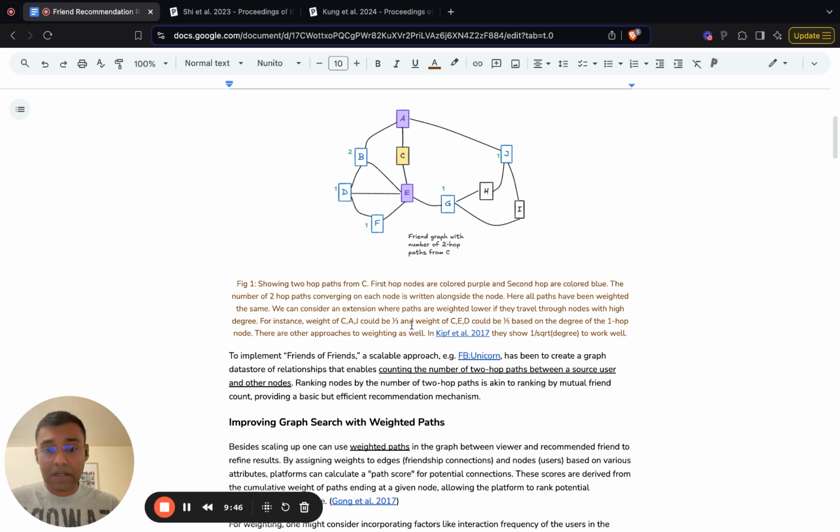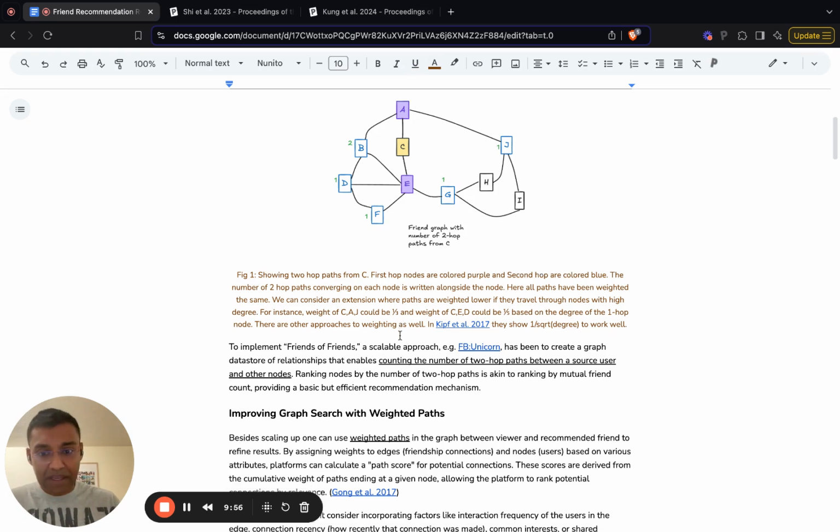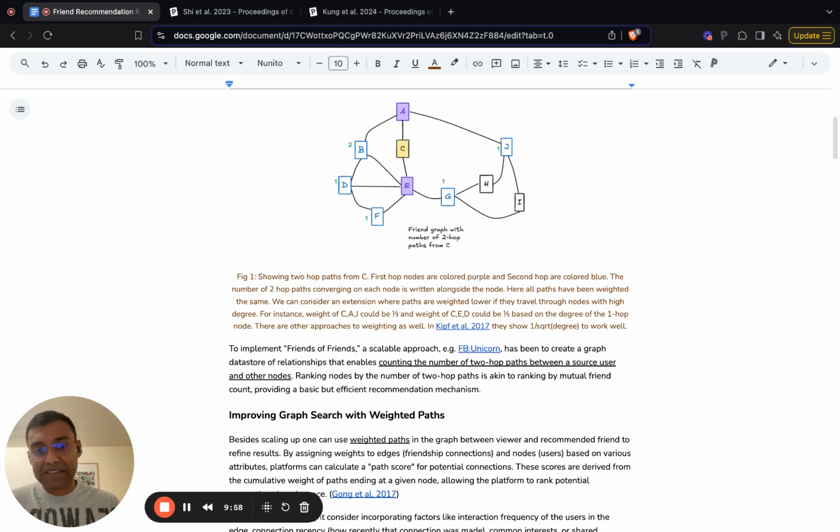There's a lot of theoretical foundation for this. You can read the 2017 paper by Kipf et al., linked here. The broad idea is, can we find which parts encode the friend relationship better?